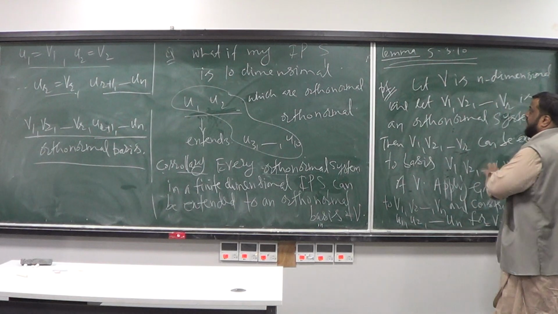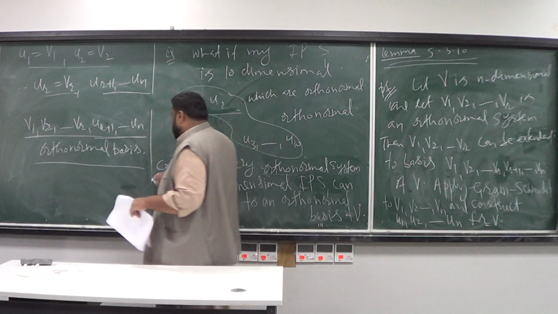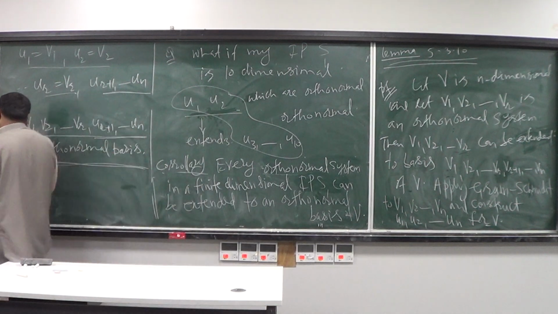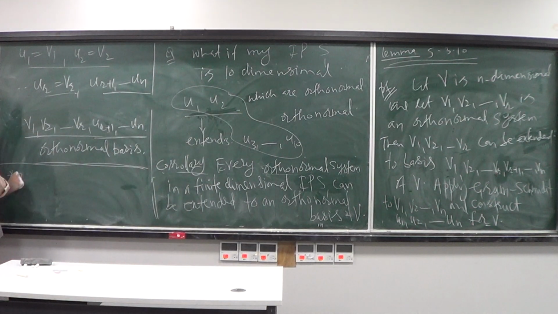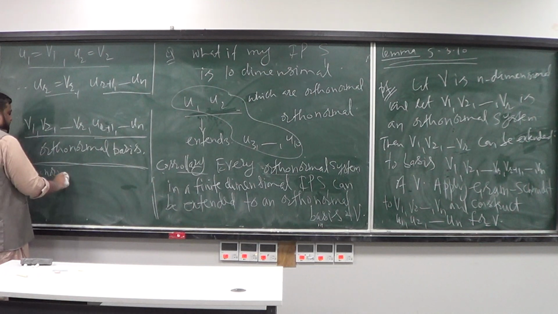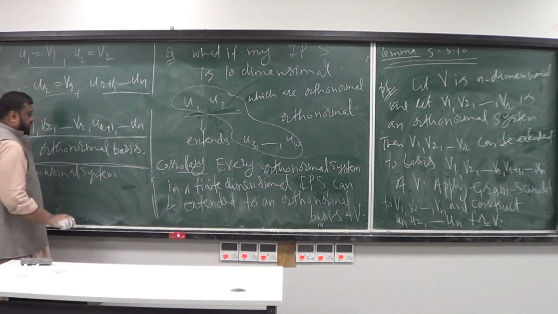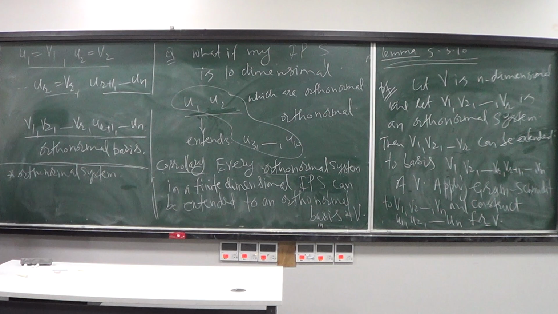So what is the conclusion in this section? We defined what an orthonormal system is. We did some examples of it.